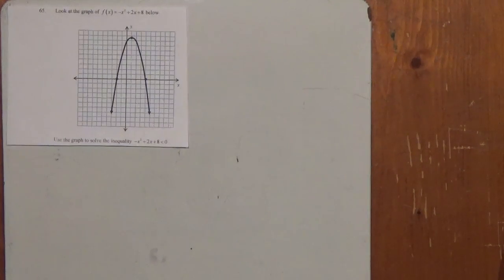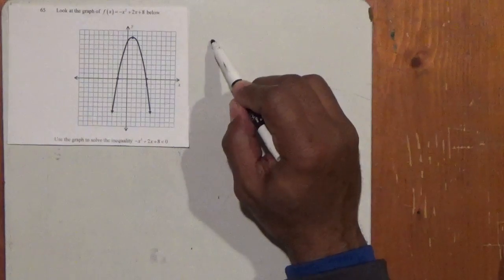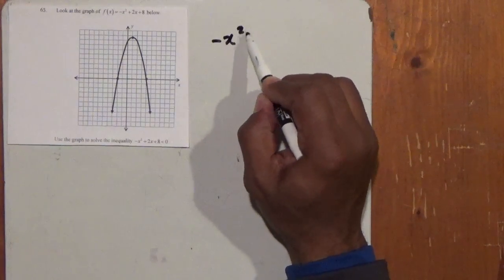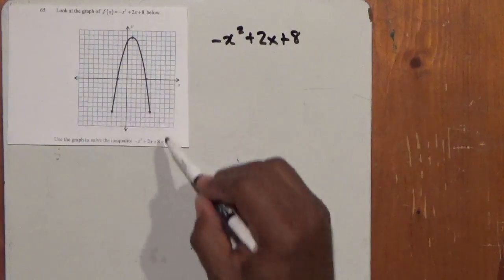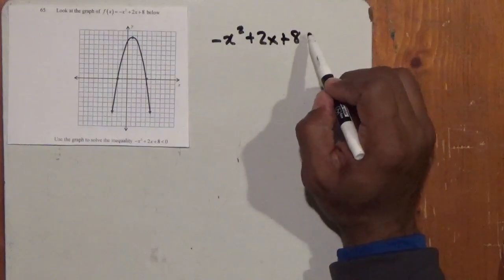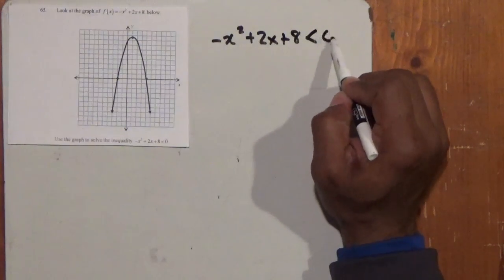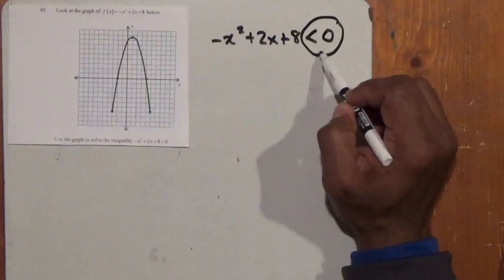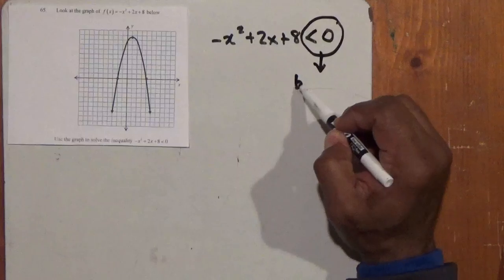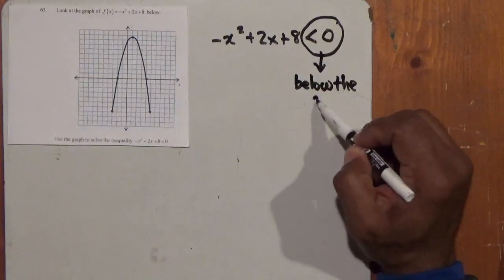When we have this situation, it gives you the equation, negative x squared plus 2x plus 8, which is this parabola, and we want to look for all the solutions that are less than 0, which means we want to look below the x-axis for our answer.